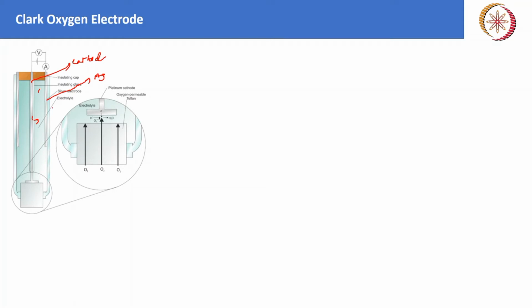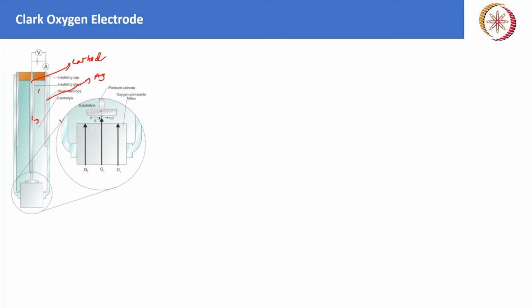These two electrodes are dipped in KCl solution. The Clark oxygen electrode is used to know the dissolved oxygen in your solution, for example how much oxygen is dissolved in a blood sample or any biological liquid.